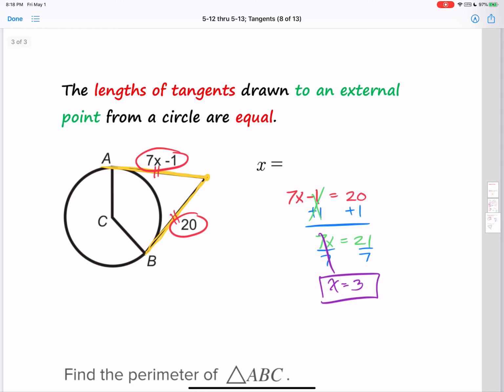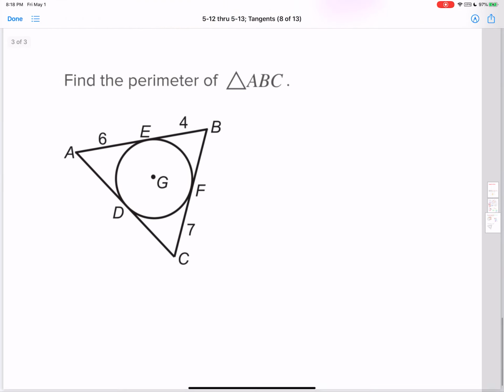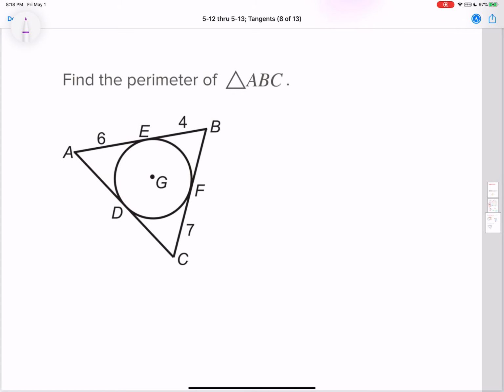All right, let's take a look at this next one, and we're going to use the same information we talked about. If we have a tangent line on the outside of our circle, from an external point, those lines are going to be congruent. So this line and this line will be the same. If EB is 4, then FB is also 4.